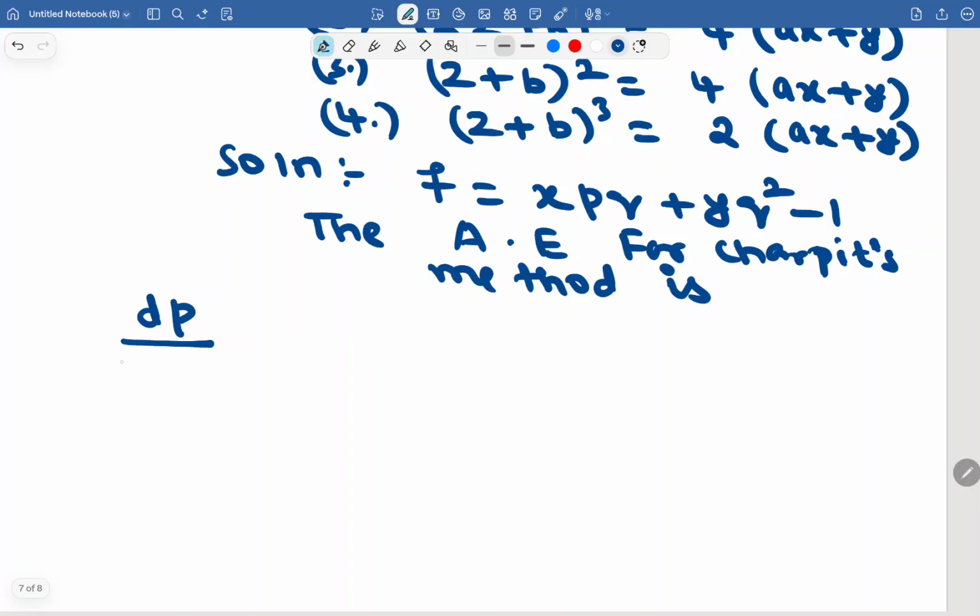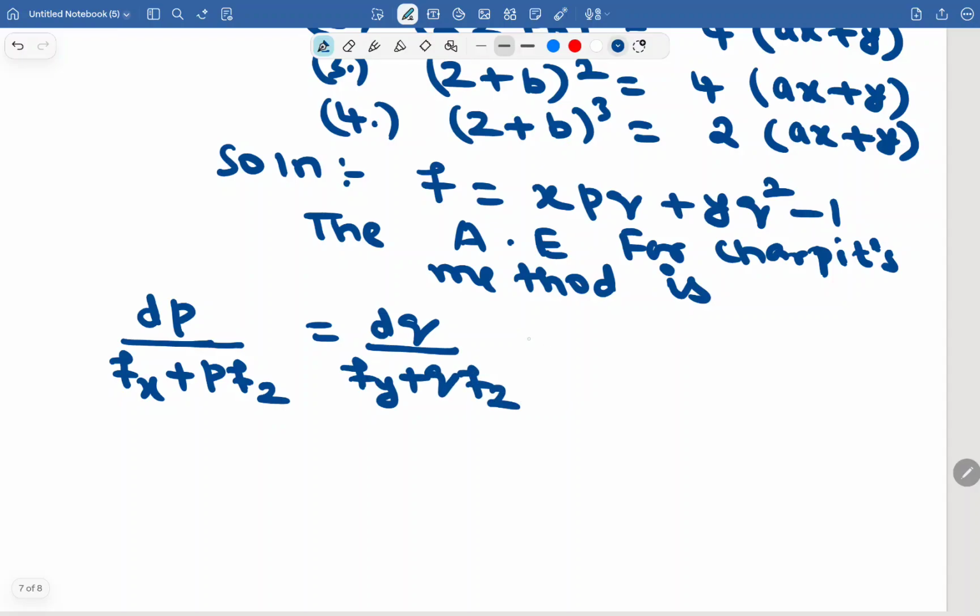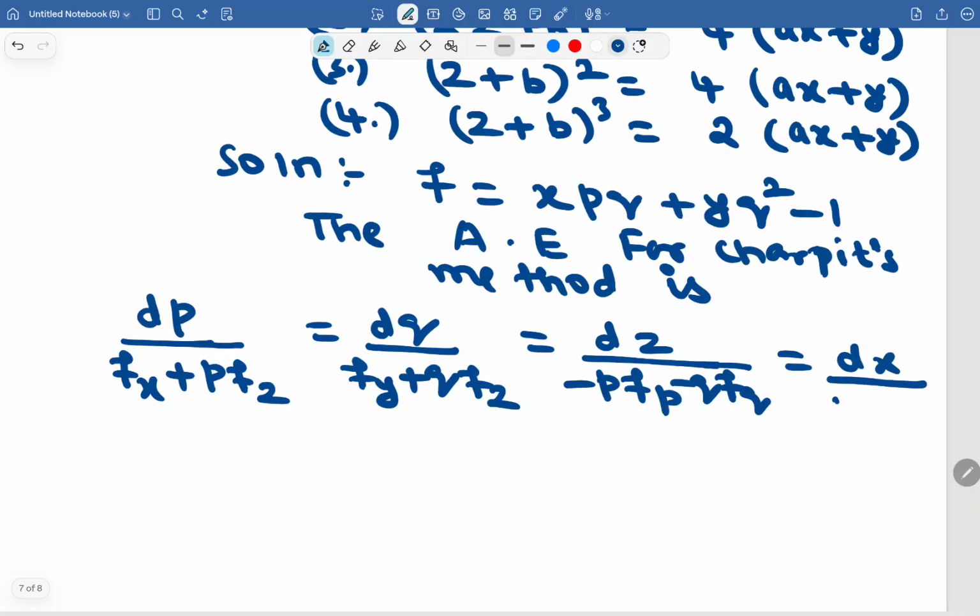dp by fx plus p fz, equal to dq by fy plus q fz, equal to dz by minus p fp minus q fq, equal to dx by minus fp, equal to dy by minus fq.